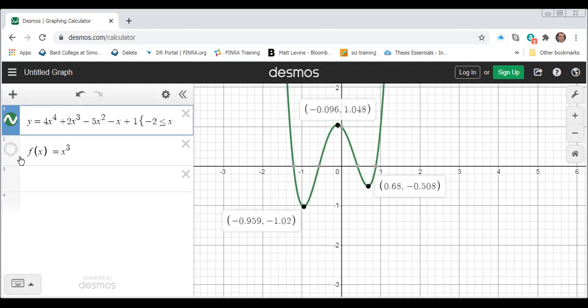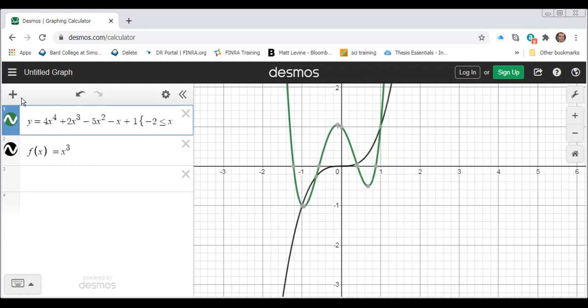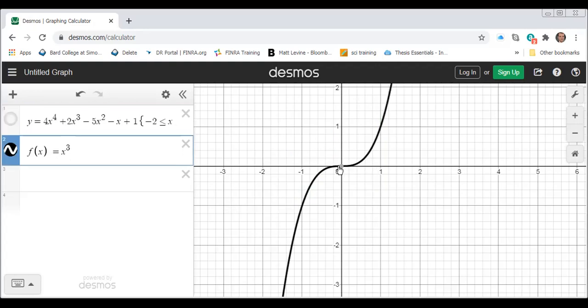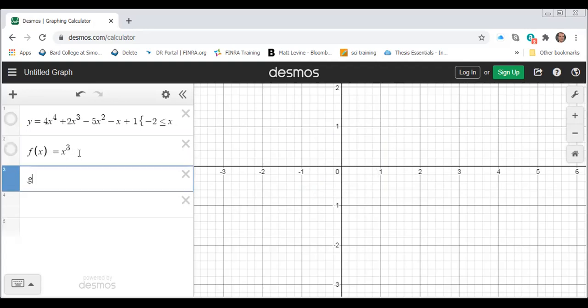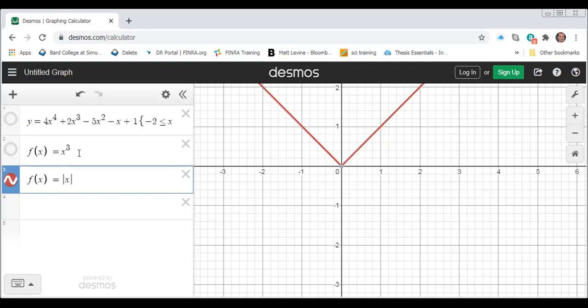So these are the 2 examples. Then there's one more I want you to keep in mind. Keep in mind the example of local max or local min will be critical point. Keep in mind this example that says, here's a critical point where the derivative is equal to 0, but it's not a local max or local min. And one more, let's look at f of x equals absolute value of x.